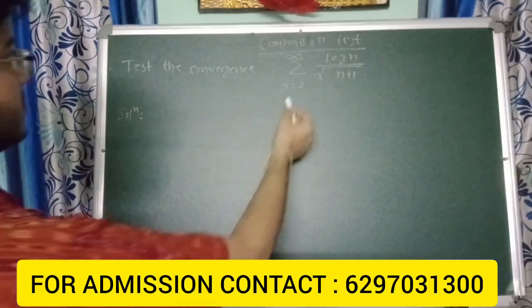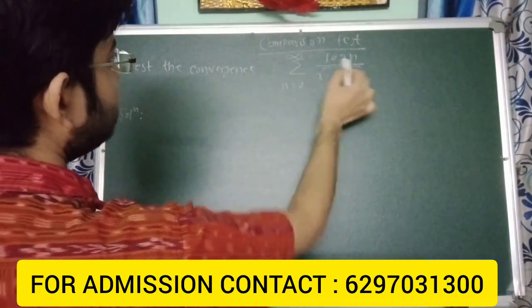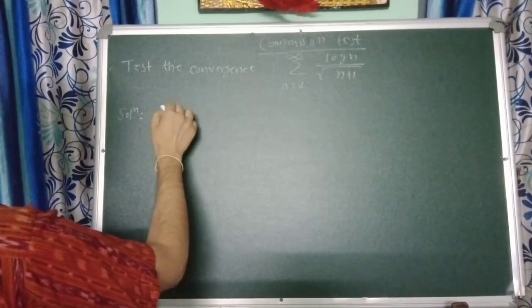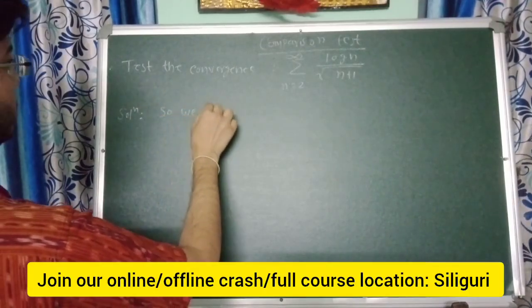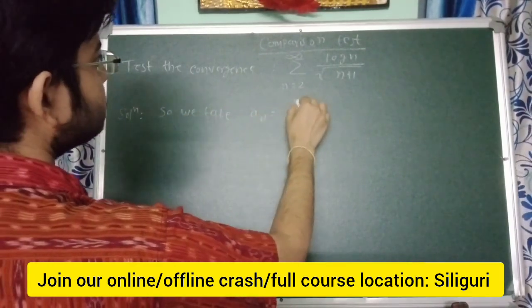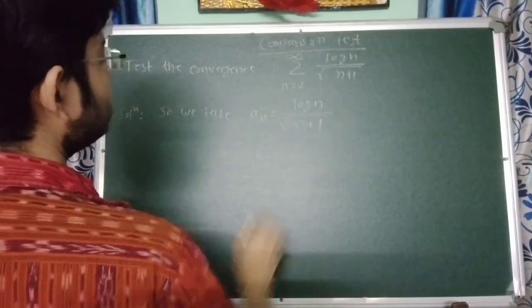Test the convergence of the summation n equals 2 to infinity of log n divided by square root of n plus 1. So we take a_n equals log n divided by square root of n plus 1.